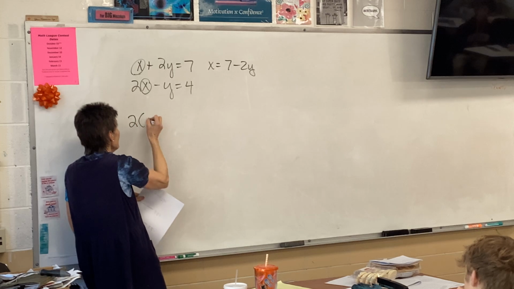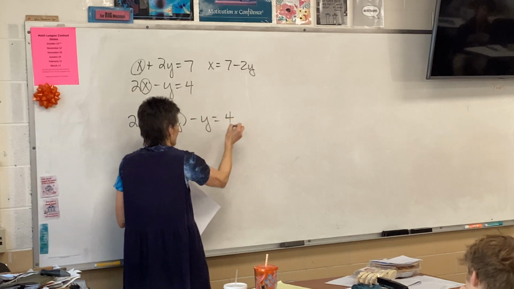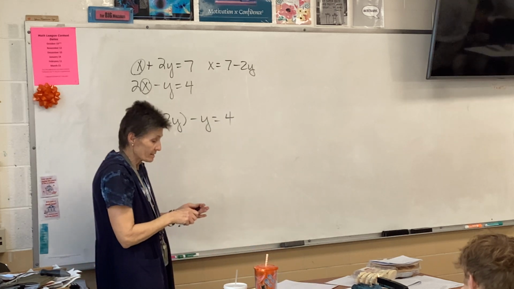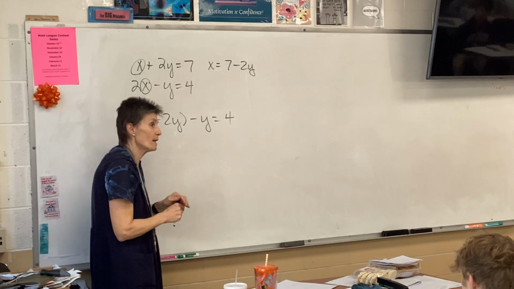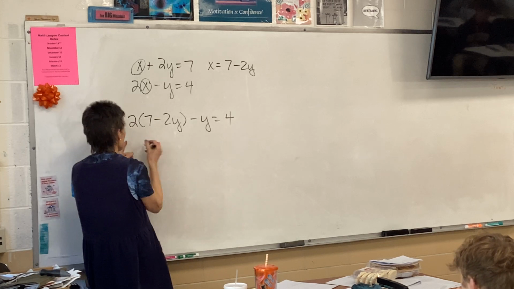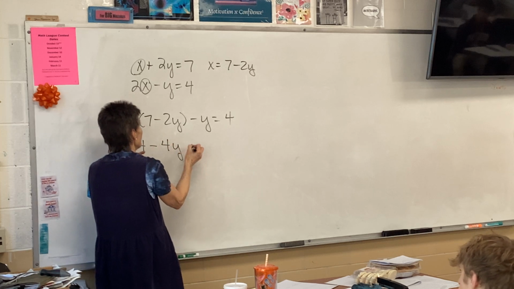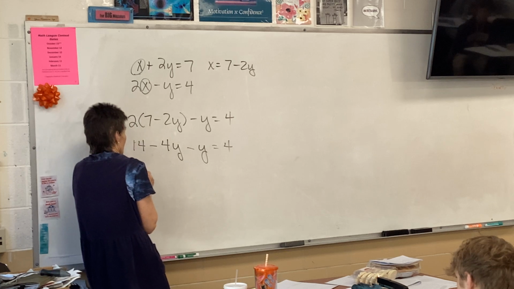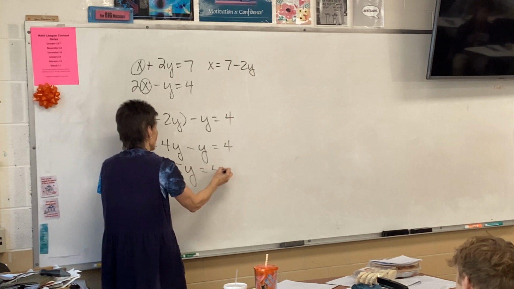So 2 times (7 minus 2y), minus y equals 4. Some of you are too careless, so you're gonna slow down. We're gonna distribute, so 14 minus 4y minus y equals 4. So 14 minus 5y equals 4.